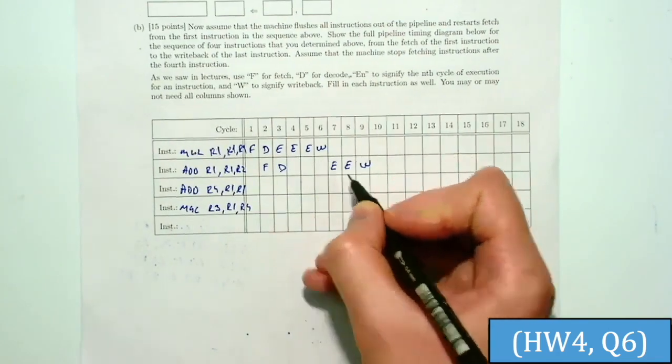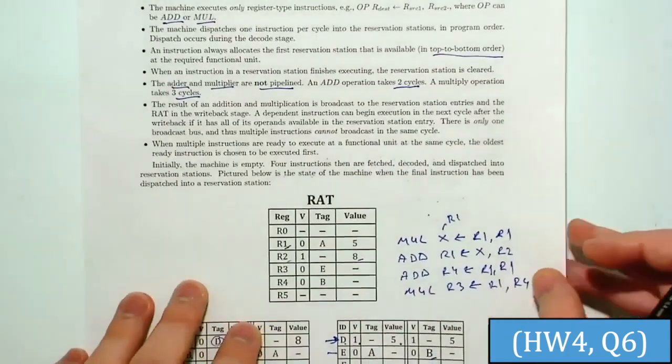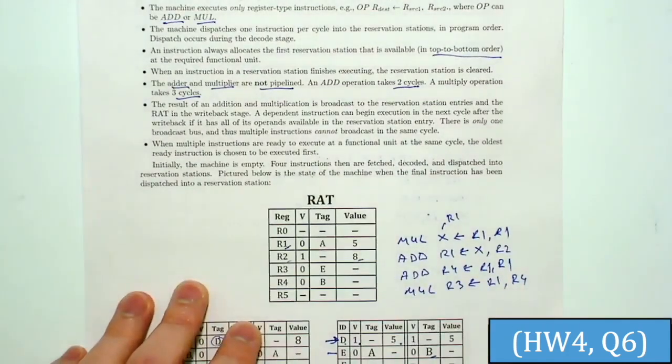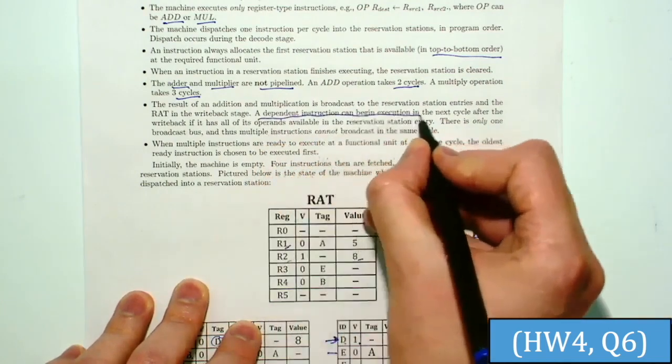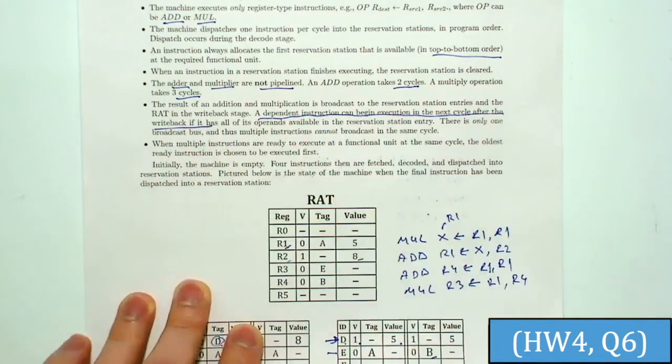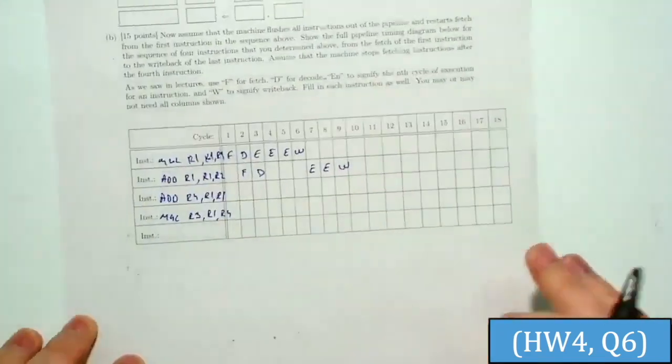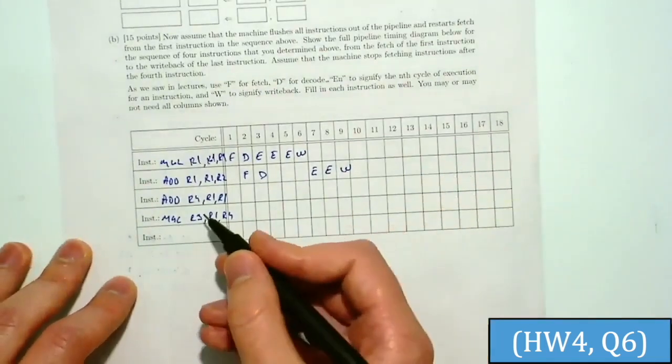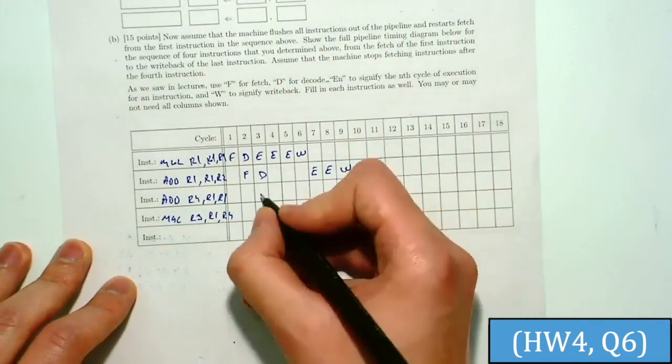I have to put E over here after the write back stage. And that information is, let me find it. Yeah, a dependent instruction can begin execution in the next cycle after the write back, if it has all of its operands available, okay?